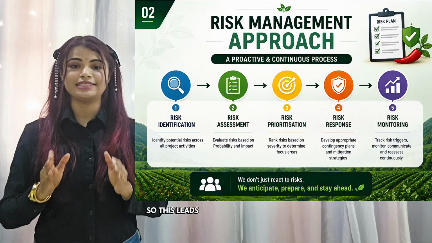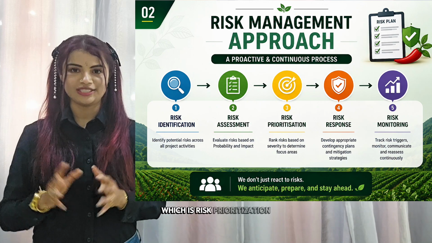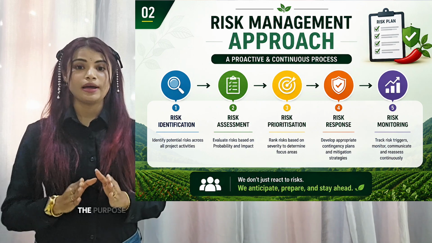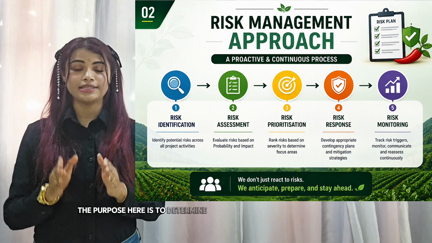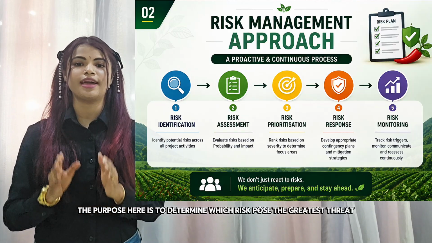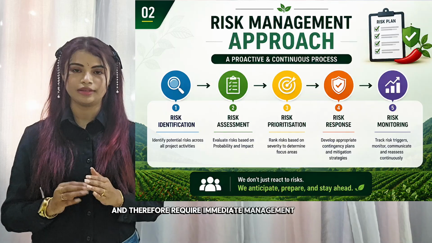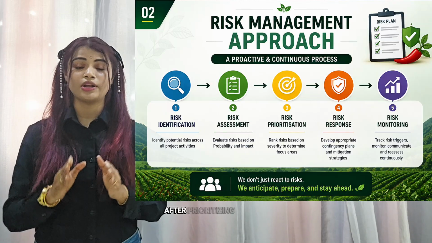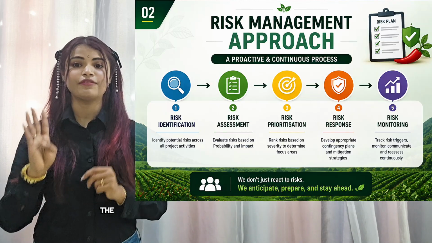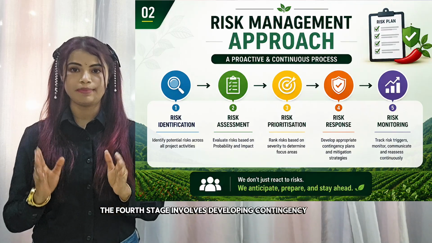However, not every risk requires the same level of attention. So this leads us to the third stage, which is risk prioritization. The purpose here is to determine which risks pose the greatest threat and therefore require immediate management focus. After prioritizing the risks, the fourth stage involved developing contingency plans.